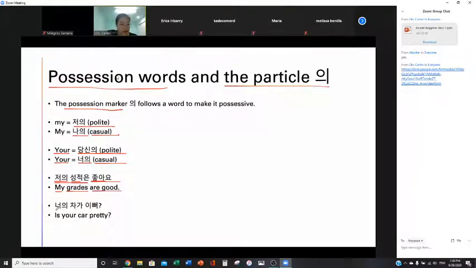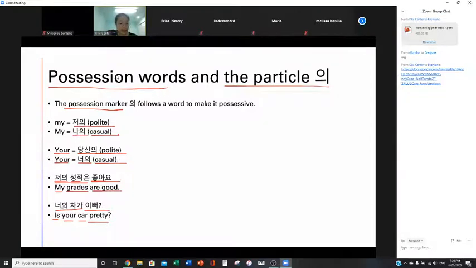Right here, same thing. 너의 it's your. 차가 이뻐. Car with a particle, and then 이뻐 is beautiful. You're saying it casually to your friend, that's why you're saying it without the polite form.